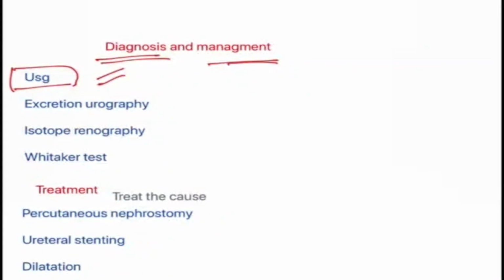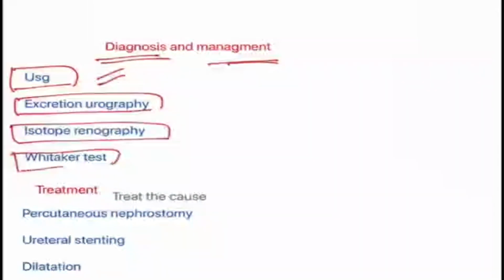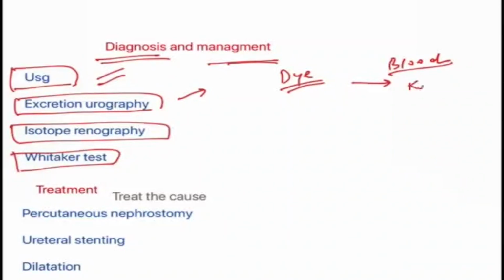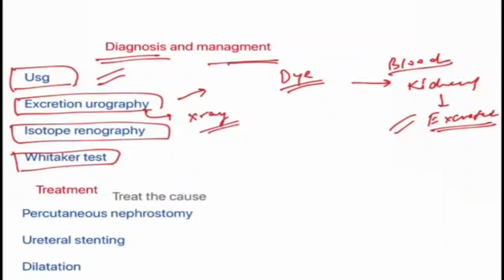Now coming to the diagnosis and management, USG is done to see the intraluminal, luminal and extramural causes, excretion urography, isotope renography and Whitaker test. In excretion urography, dye is injected into the blood and it reaches the kidney and then gets excreted, and the whole pelvicalyceal system and urinary tract gets enhanced, and an X-ray is done which is known as excretion urography.